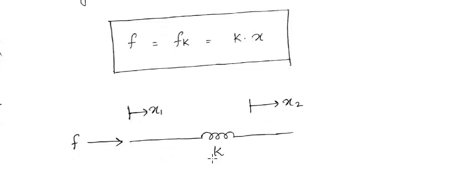And another case in the spring, where the two ends of the spring are free, and we are applying a force on this side. So there will be two displacements applicable to the spring element. Displacement x1 over here and x2 over this end. So here the opposing force Fk will be directly proportional to the stiffness K into x1 minus x2.